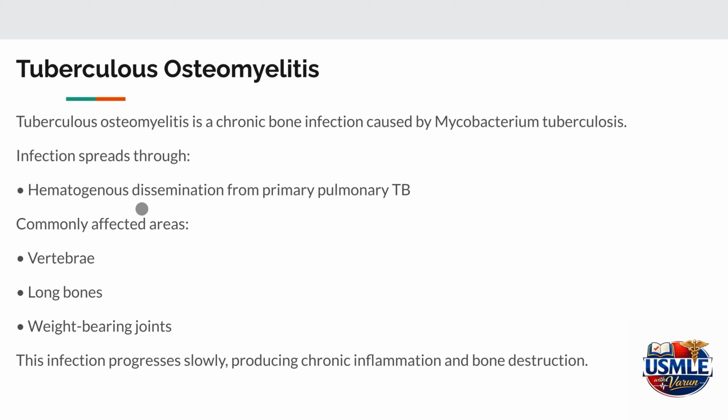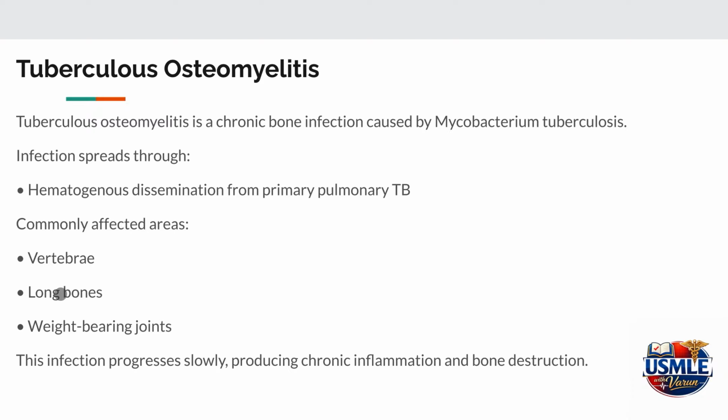The infection typically spreads to bone through hematogenous dissemination from primary pulmonary tuberculosis infection. Because tuberculosis produces chronic granulomatous inflammation, the disease progresses gradually and often causes destruction of bone over time.